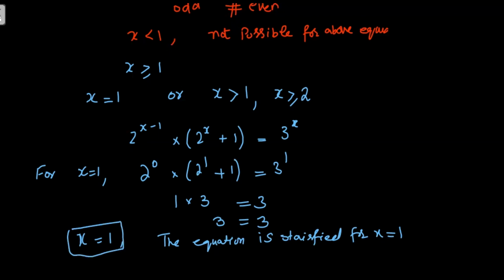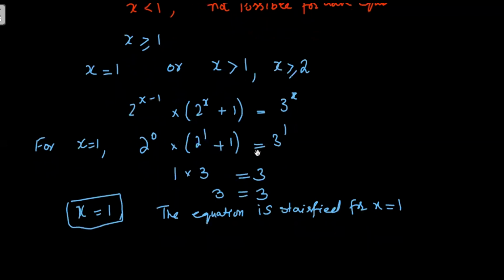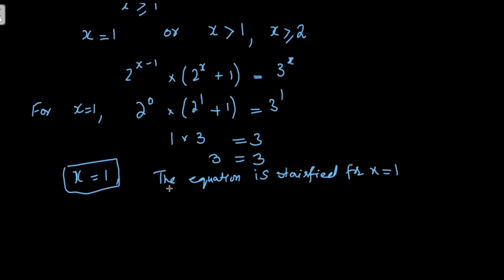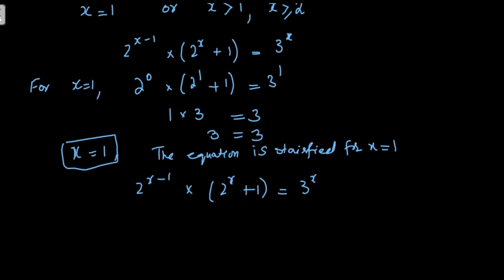And now we check the next inequality. You see here x is greater than or equal to 2. Now we can write it as (2 power x minus 1) into (2 power x plus 1) equal to 3 power x. Now when x is greater than or equal to 2, you see here 2 power x is a multiple of 2, and these are even values.